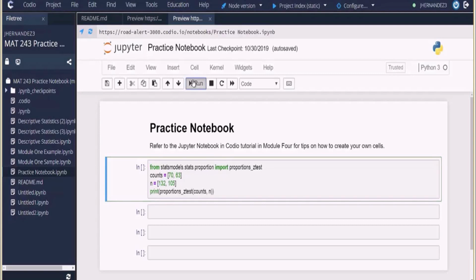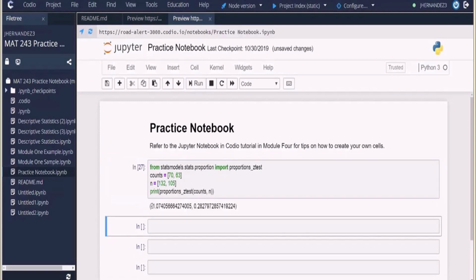So we will run this, and as always we get our test statistic and the p-value. The test statistic is negative 1.07 and the p-value is 0.28. And let's say that our alternative hypothesis is set as a one-tailed test, so either it is less than or greater than.